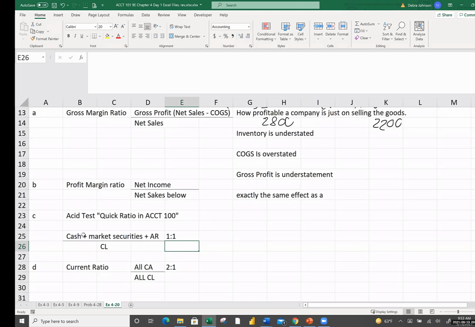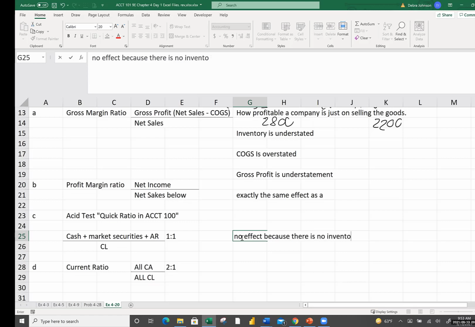Well, as I'm looking at this acid test or quick ratio, there is no inventory in there. There is no inventory on the top or the bottom. And so this one actually has no effect because inventory doesn't appear on either the top or the bottom. So no effect. If you make a misstatement, your acid test ratio is not going to be affected.